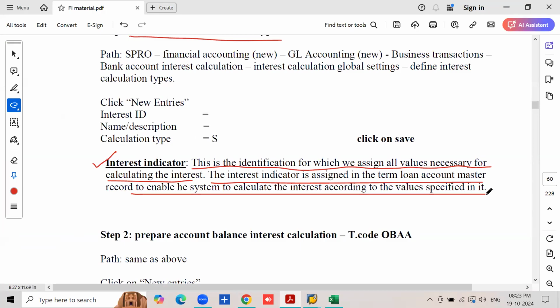One more point: the interest indicators are defined at client level.